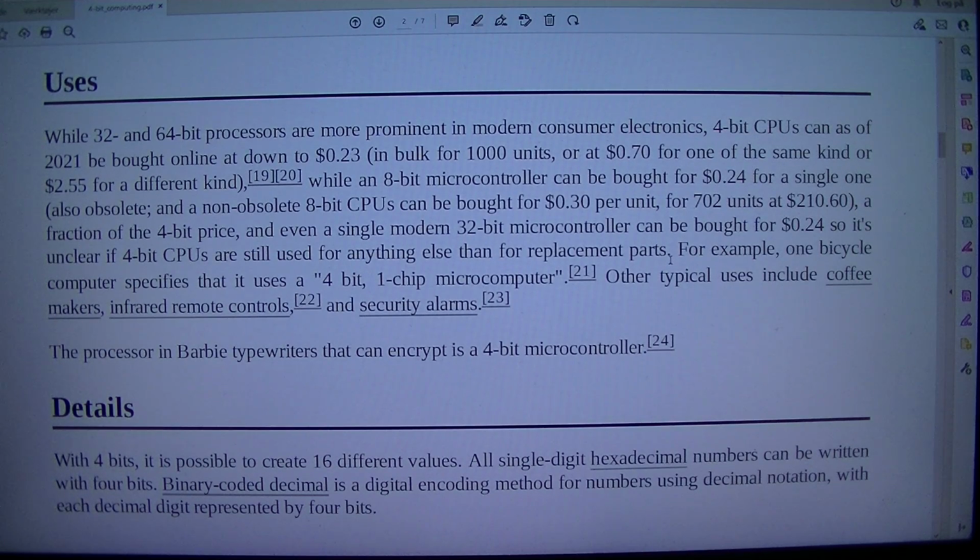For example, one bicycle computer specifies that it uses a 4-bit, 1-chip microcomputer. 21. Other typical uses include coffee makers, infrared remote controls. 22. And security alarms. 23. The processor in Barbie typewriters that can encrypt is a 4-bit microcontroller. 24.